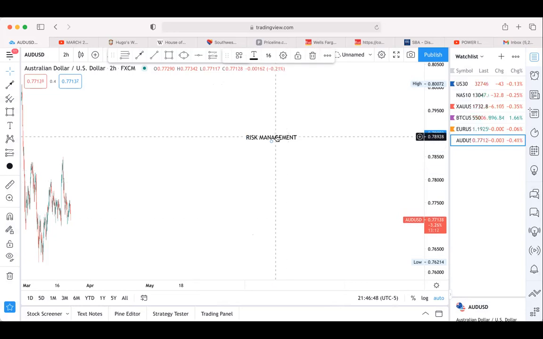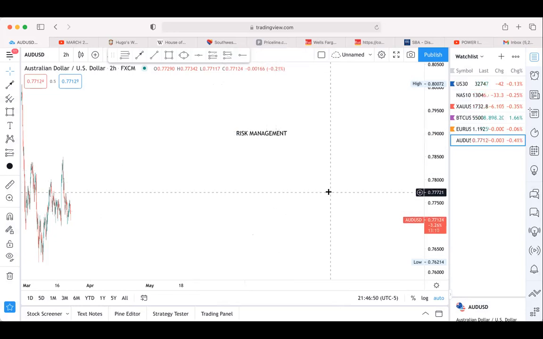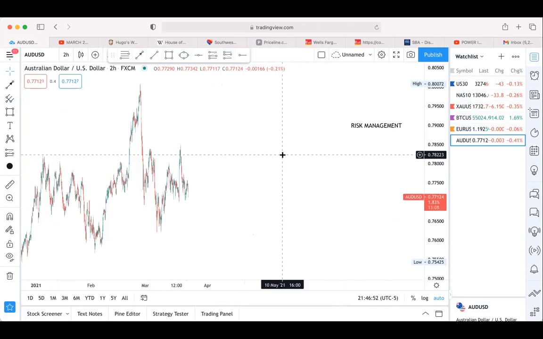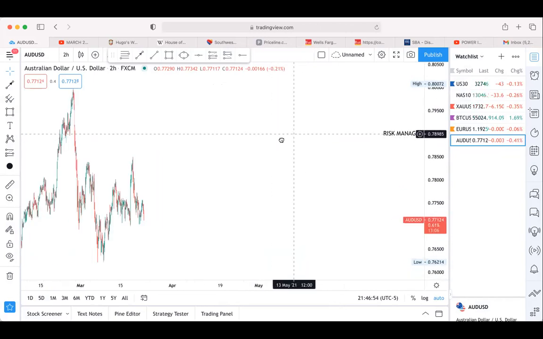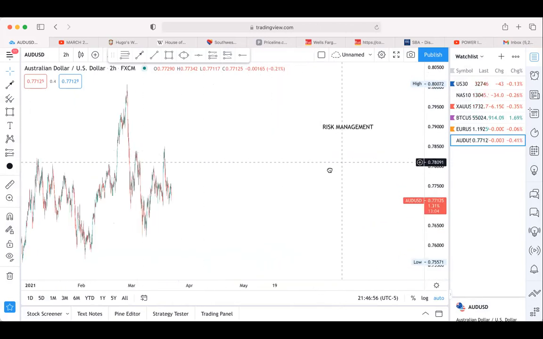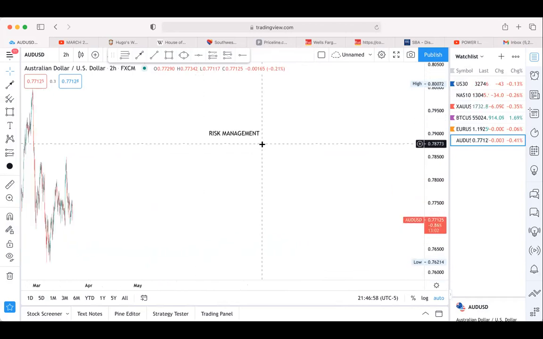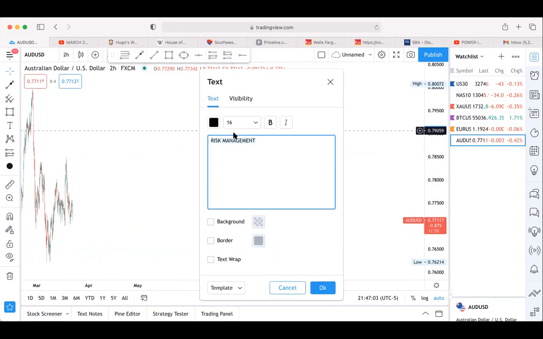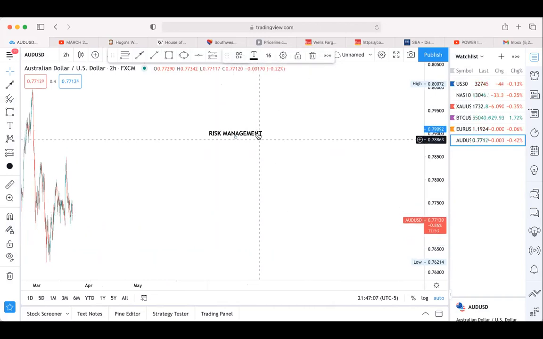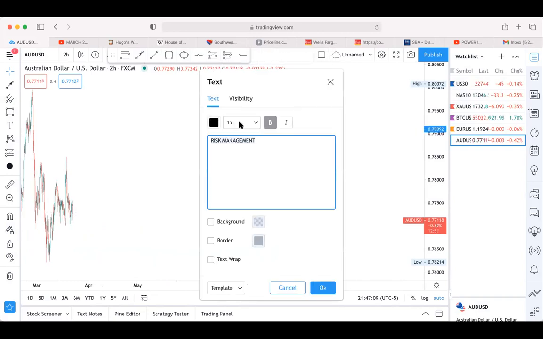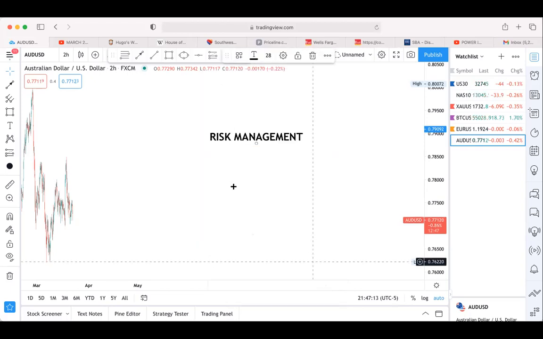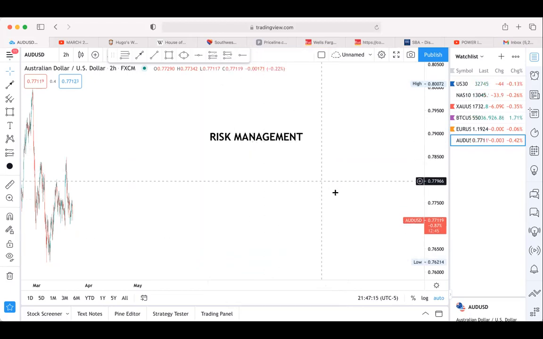What did I just write there? Risk management. Now, this is very, very important. Let me make it bold, as a matter of fact. Very, very important, because if you don't know how to manage your risk in the market, you will blow your money up.